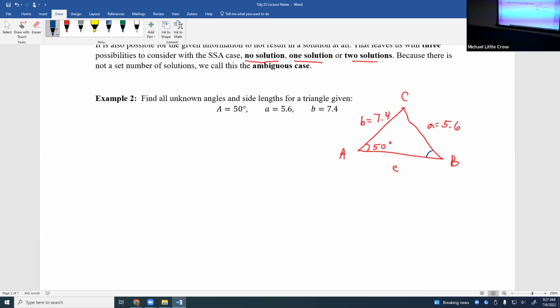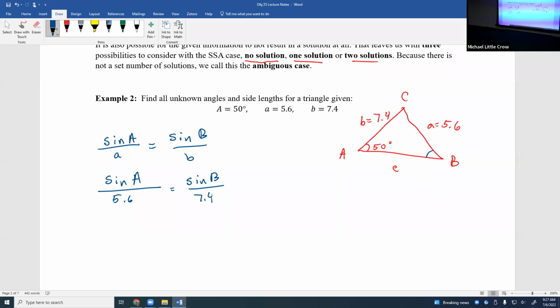But since we're solving for an angle, this time I'm going to use the one with the angle in the top, the numerator. So sine of A over little a is going to be sine of big B over little b. And I substitute my values. Sine of big A over 5.6 equals sine of B over 7.4.